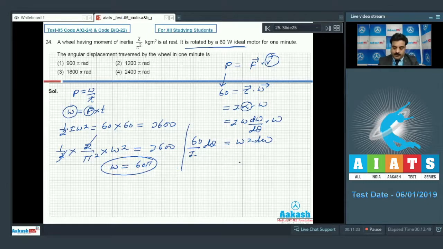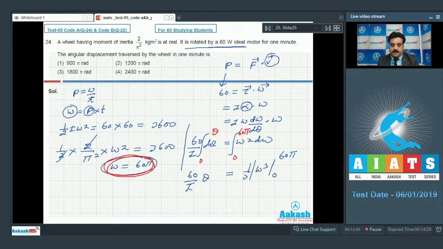Now I am going to integrate this. The limits are according to the problem. I am going to use the limit 0 up to 60 pi, because the final value of angular velocity is 60 pi and the initial was 0, and in the case of displacement, 0 up to theta. So these are the limits. Now when you integrate, you will get omega cube by 3 from 0 up to 60 pi, and 60 upon moment of inertia into theta.